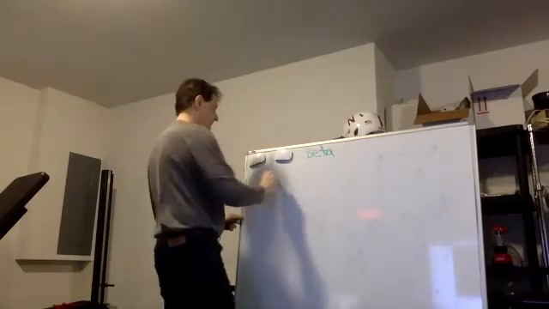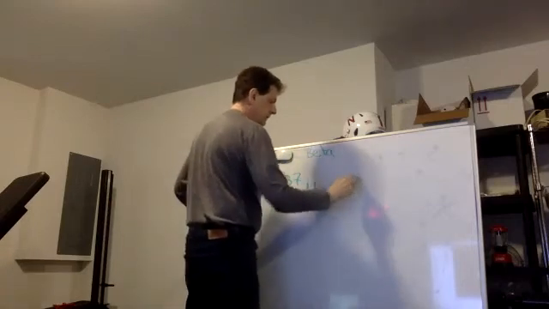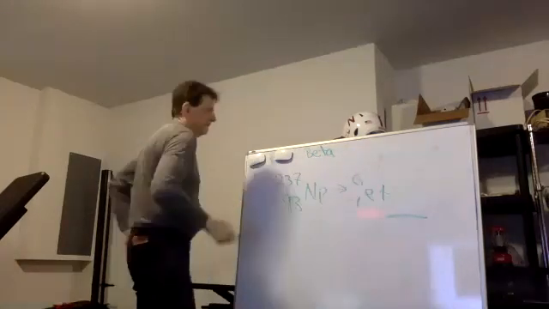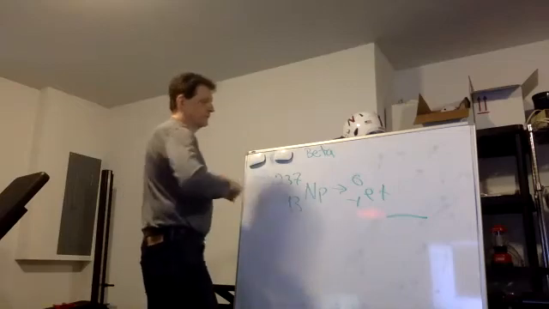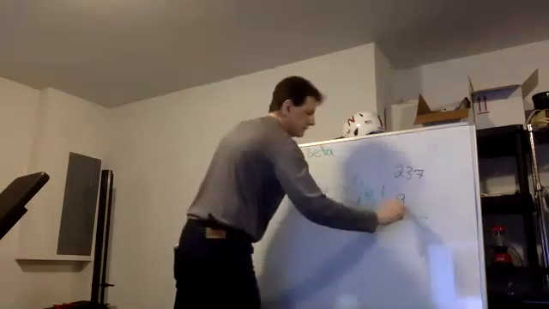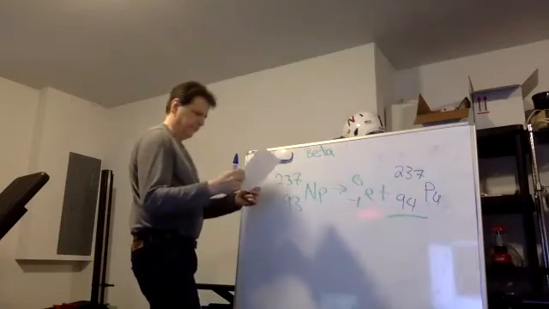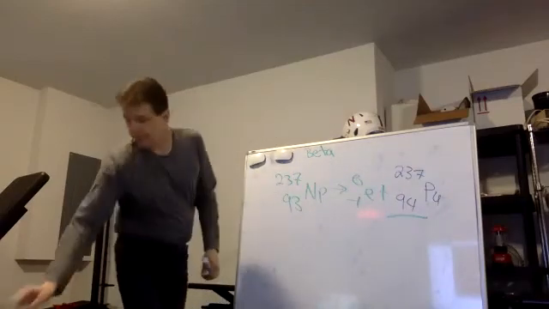We've got 237, 93, neptunium, and the product is blank. So slide the 237 over, and kick up from 93 to 94. 94, I believe, is plutonium. Yes. And that's how you knock that one out.